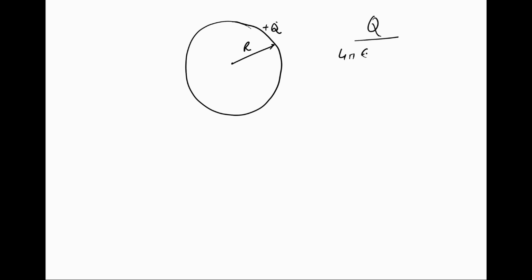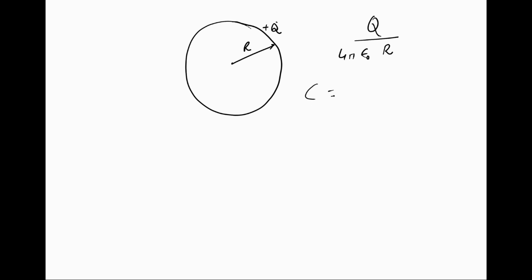Let us try to find the capacitance of an isolated sphere. So this is a sphere of radius r. So now we will give plus q charge here, and this is isolated. Okay, so the potential will be q over 4 pi epsilon naught r.